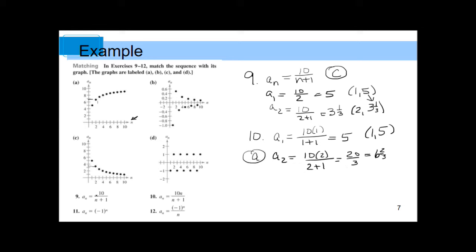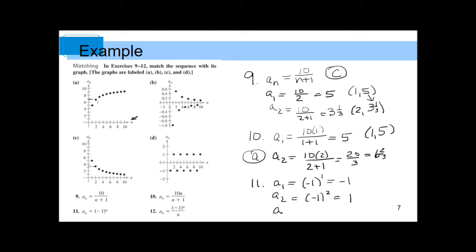Okay, let's look at what's happening with sequence 11. This is one of my favorite sequences. So this is an example of what's called an alternating sequence, because when you raise -1 to a power, if it's an odd power, you get a negative, but if it's an even power, you get a positive.